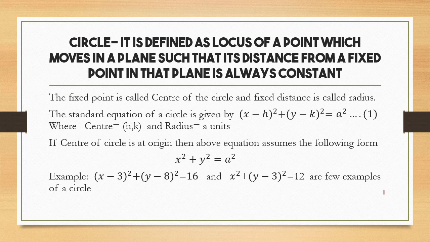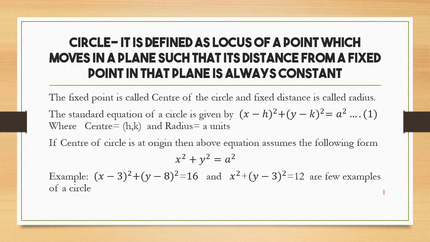In this case, what is the equation of the circle? If the center of the circle is at the origin, then the above equation assumes the form x square plus y square equal to a square. That means if the center is (h, k) and it is the origin, that is (0, 0), the equation becomes x square plus y square equal to a square. Below I have given a few examples of a circle. With this you can easily work out these three equations.